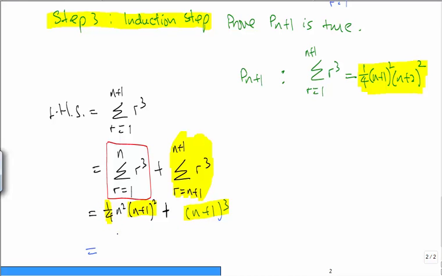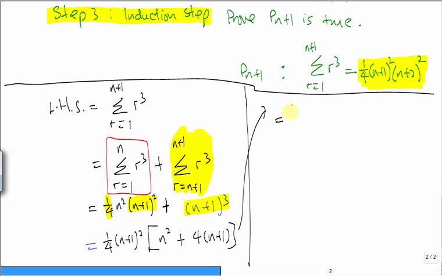If I take out the 1/4 n plus 1 squared, I will have an n squared here and a 4 here because I took out a 1/4. 4 times 1/4 will give me a 1 here. And n plus 1 squared is taken out, so I'm left with an n plus 1. If I simplify this whole expression, hopefully I can get this expression.